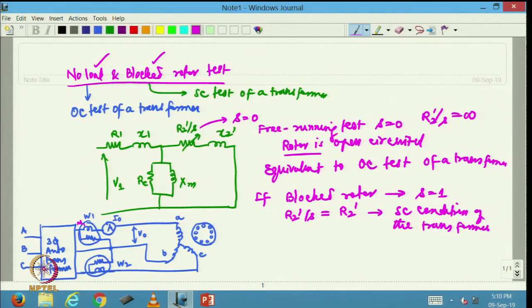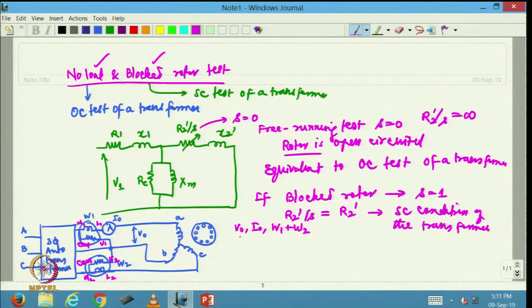This is M1, this is L1, this is common and this is V1. Similarly, this is M2, this is L2, this is common and this is V2. This is how the terminals are. Now, I am going to note down the readings V0, I0 and W1 plus W2.